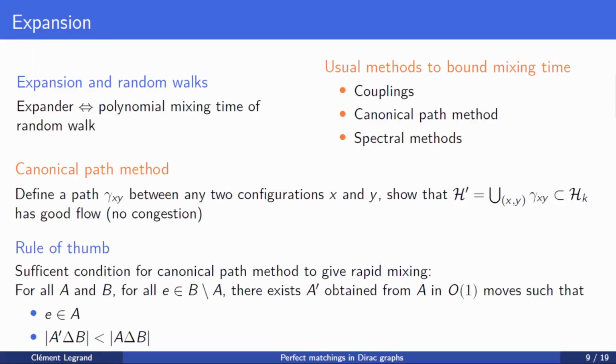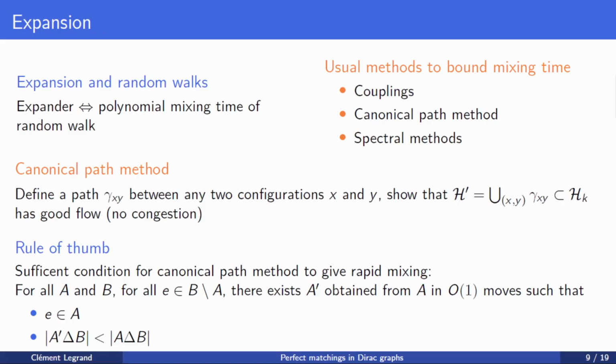And so typically, when you're doing some reconfiguration proof where you're reducing your symmetric difference one step at a time and you're able to choose where in your symmetric difference you're doing your operation, then this thing will work very well. Okay?